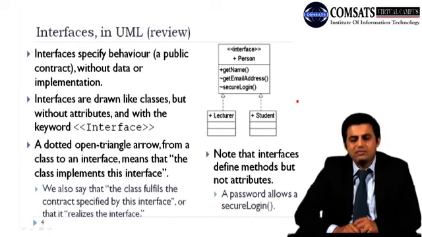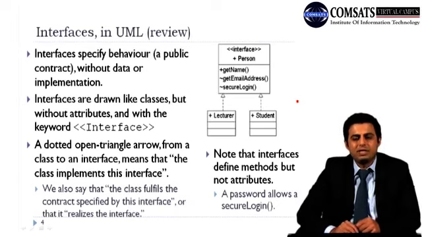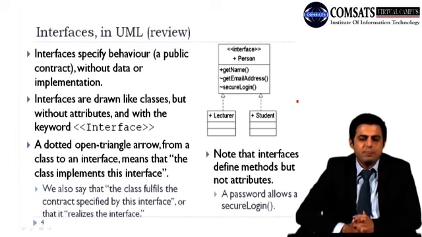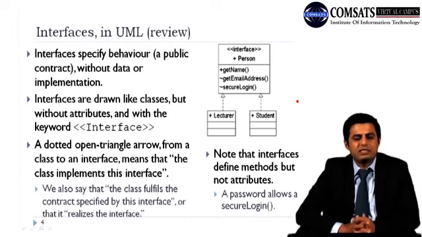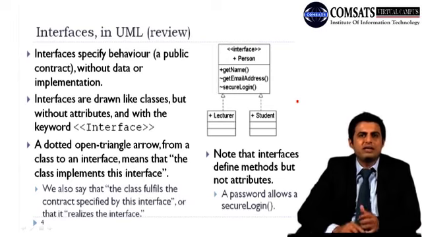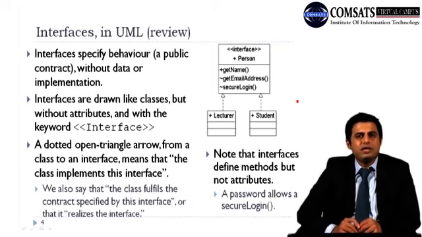Now these two classes will have to implement get name, get email address, and secure login, because interfaces are also called public contracts. If you have studied the previous lecture, I told you that these are also called contracts because they are kind of agreed upon documents between clients, customers, users, and the developers.